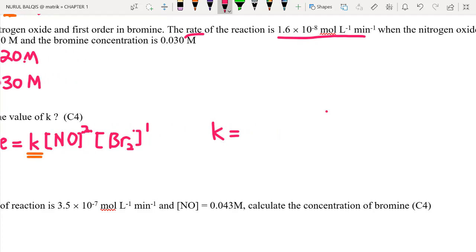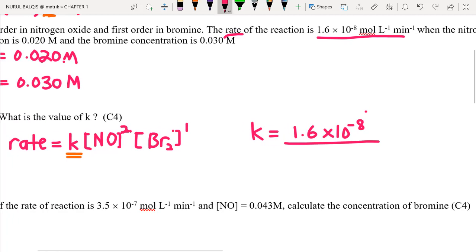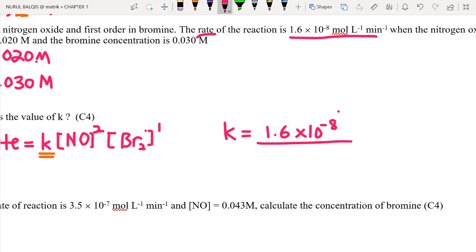Our rate is 1.6 × 10^-8 divided by the concentration of NO, 0.020 raised to the power of 2, times the bromine, 0.030.